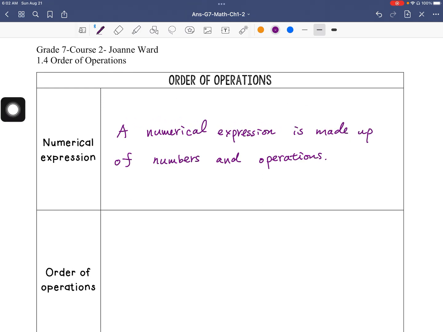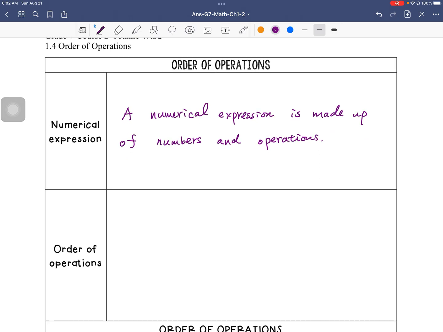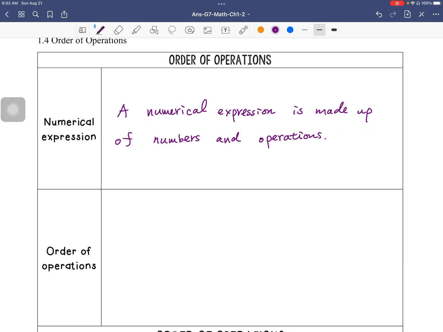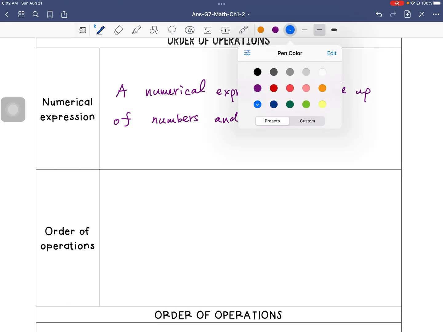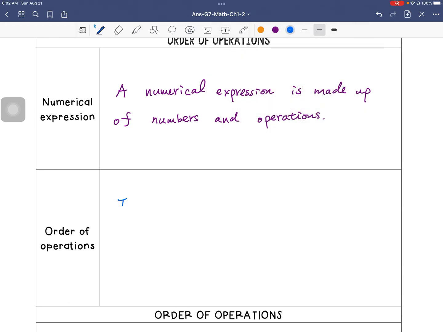Okay, and then what is order of operations? Order of operations is the method, the order that we perform the operations.